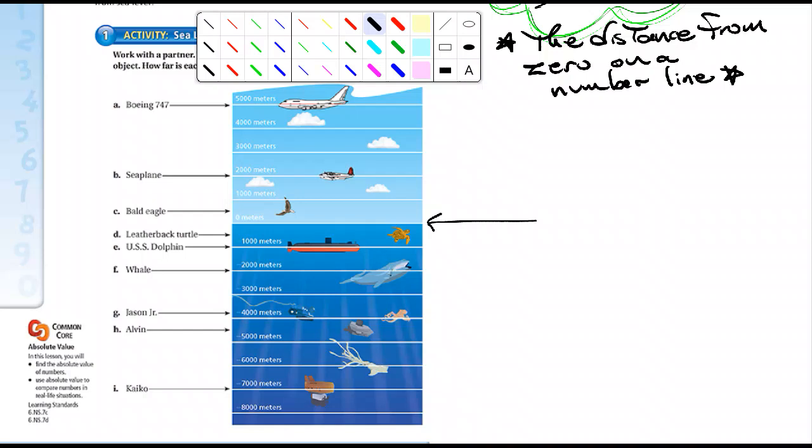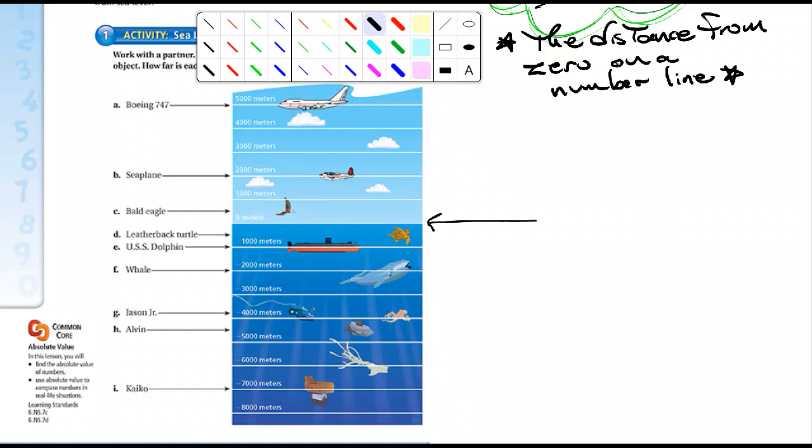I don't know if you can see it there, maybe it looks better in your book, but take a look. 2,000 meters. It's 2,000 meters from sea level. Put up 50 points.